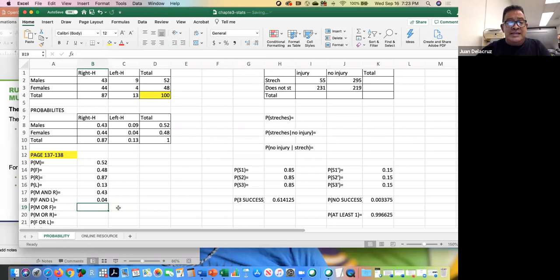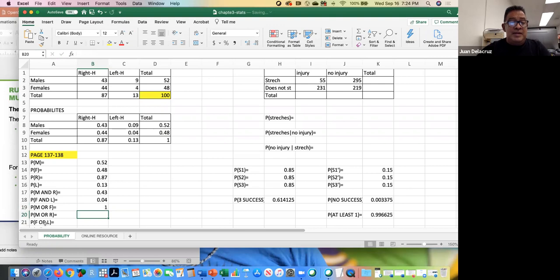So the person is a male or a female. So in this case, because we are using or, we have the addition rule. So we are gonna do the probability of male and the probability of female. So in this case, we have the probability of males and we have the probability of females. So we're gonna do this plus this, right?